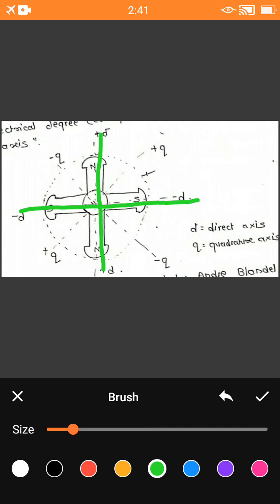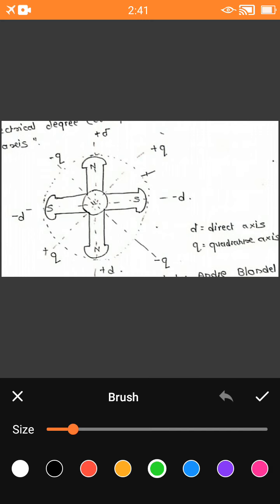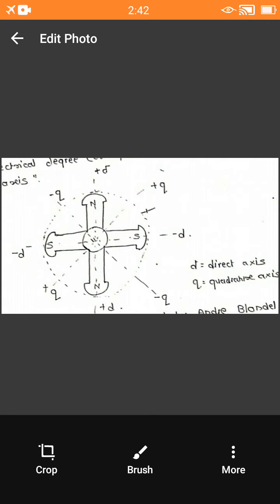The axis of symmetry halfway between north and south pole is called the quadrature axis, shown by another color. Why is it called the quadrature axis? Because the angle between the direct axis and the quadrature axis is 90 electrical degrees, that is 1/4 cycle away from the direct axis. That's why this axis is called the quadrature axis.